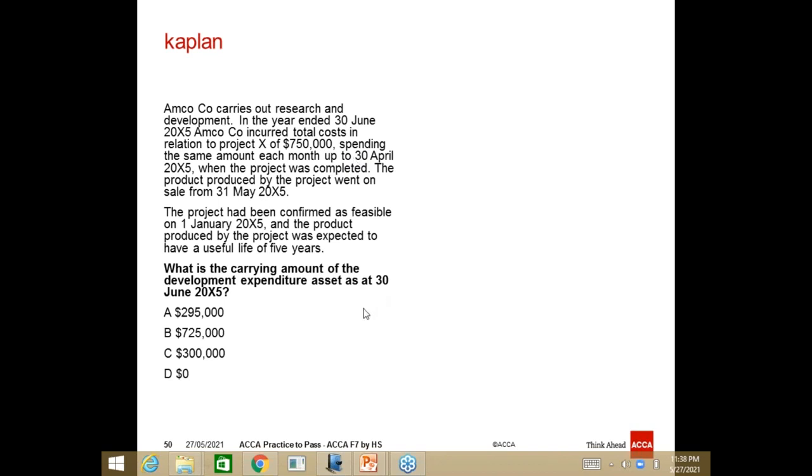So you need to calculate the carrying amount. That will be the cost less accumulated amortization. The cost of the asset is 7,50,000. The amortization should be 7,50,000 divided by how many years? 5 years.